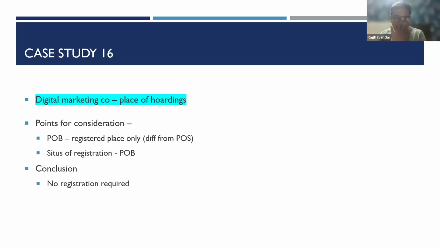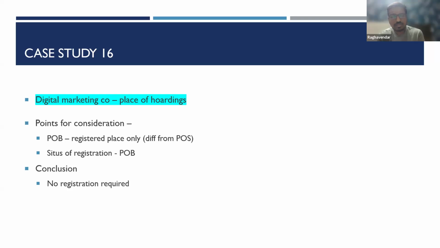The next issue is whether any digital marketing company that hires places and fixes hoardings, whether such places of hoardings would be supposed to be added as an additional place of business. This is a commonly litigated area. A place of business is a registered place of business.